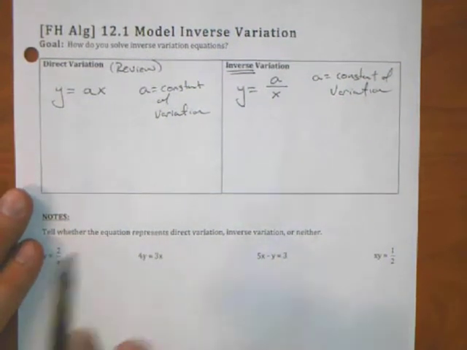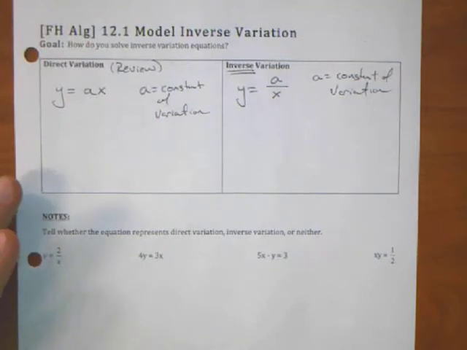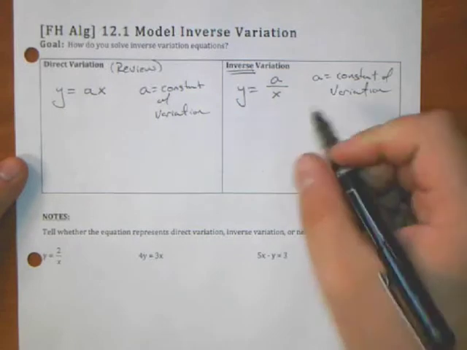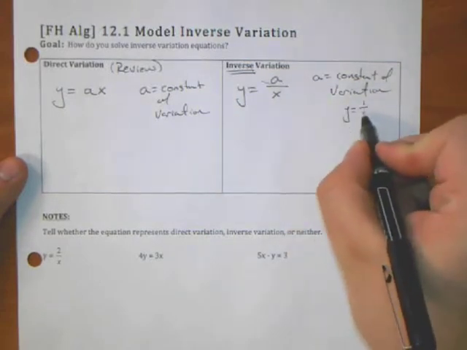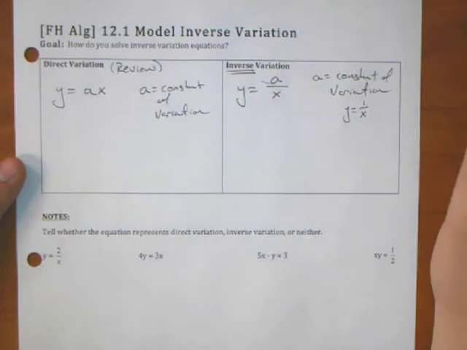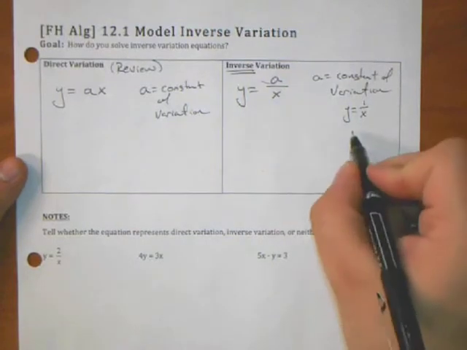These are called inverse variations because as x gets bigger, y gets smaller. You can demonstrate that for yourself if you pick any A, an easy one. How about our friend, the parent function, y equals 1 over x. That's a specific example of this.